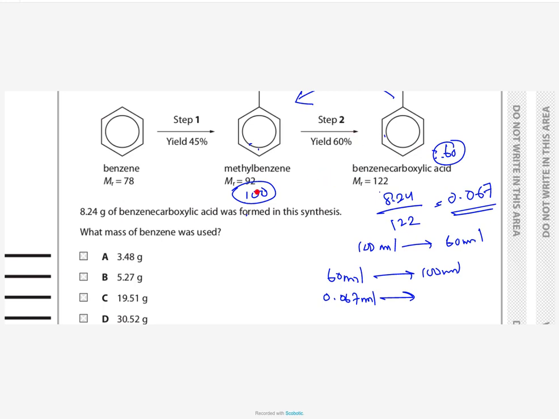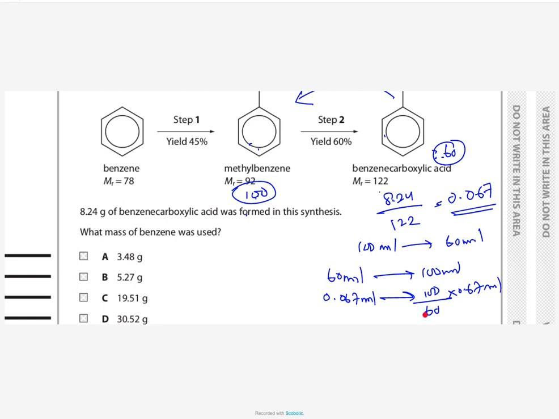If you have 100, you get 60. That means to get 60, you need 100. So to get this many moles, you can work backwards: 100 over 60 into 0.67 moles, so that is 67 divided by 60.